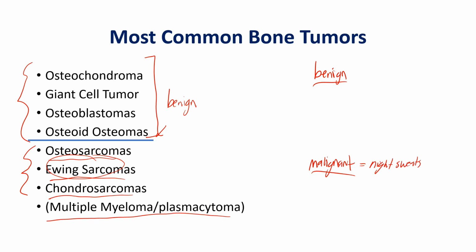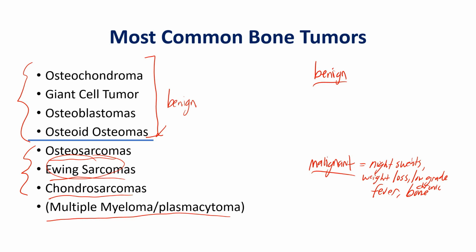You can have weight loss, low-grade fever, these kind of things. And then you could have been having bone pain for a long time. So more of a chronic bone pain, instead of maybe more of an acute bone pain in situations of the benign bone tumors. Although you can also have chronic bone pain in some of the benign ones as well.